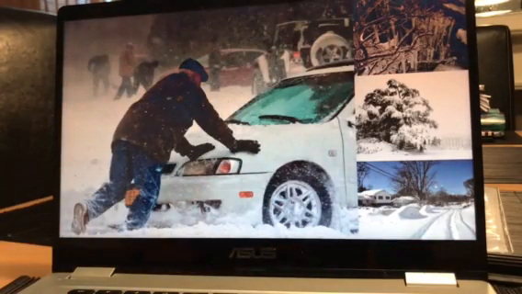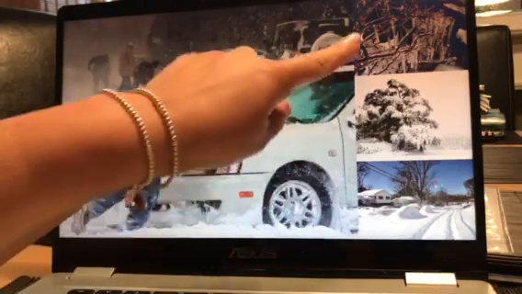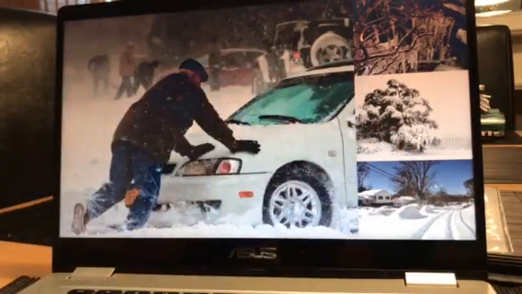Let's have a close look at our friend here in the snow. Is he old or young? Well, I think he looks older. He looks like your granddad with his flat cap, or someone older that you might know. I've given you some extra clues about the cold down the side as well.